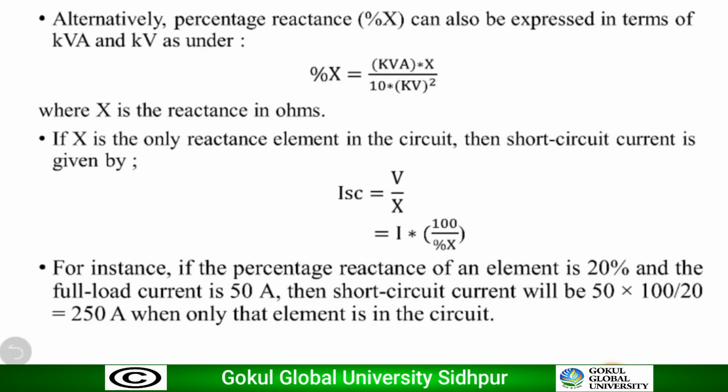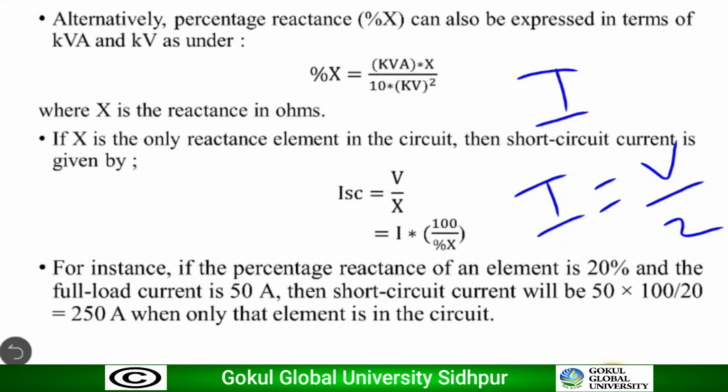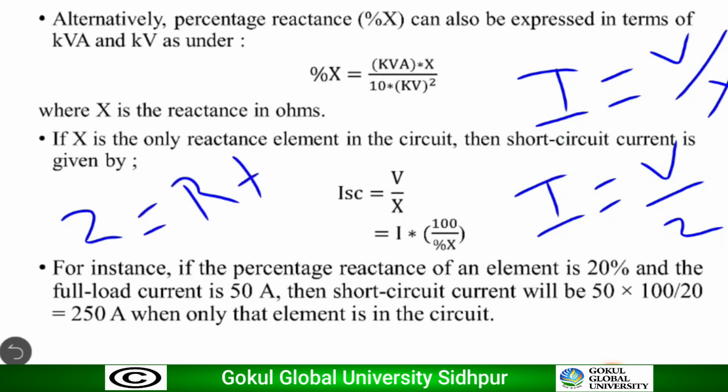Now short circuit current, generally current I is equal to V by Z, the supply voltage and impedance of the system. We are taking a reactive component and neglecting the resistive component, so I is equal to V by X. Z represents R plus j XL.